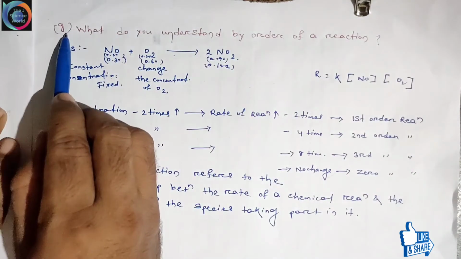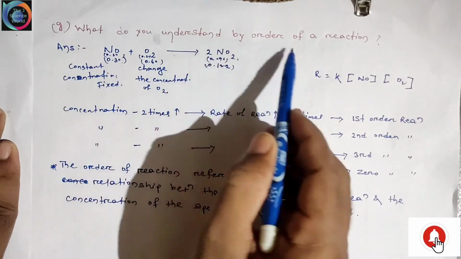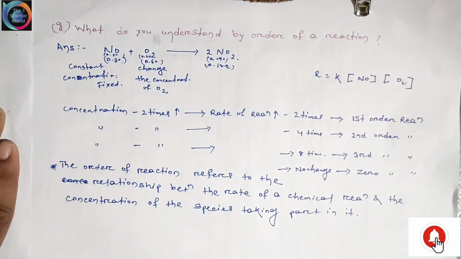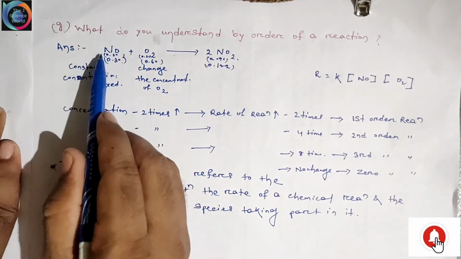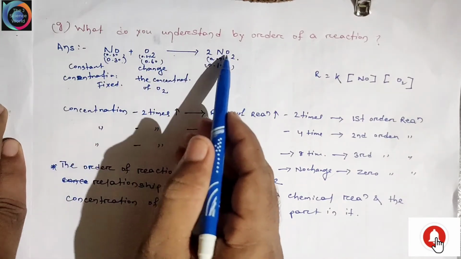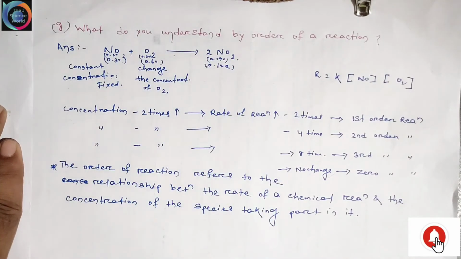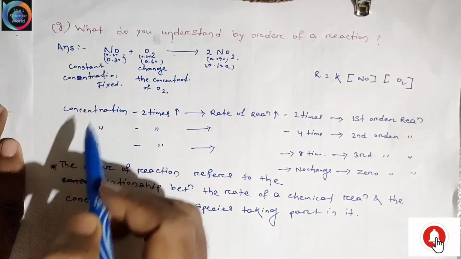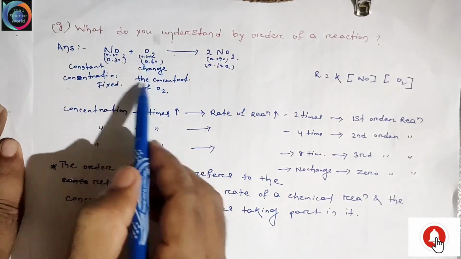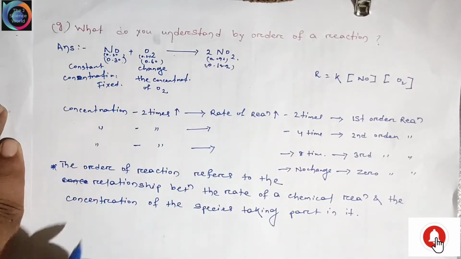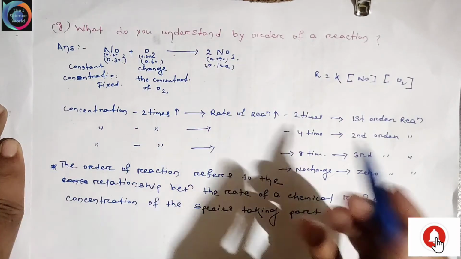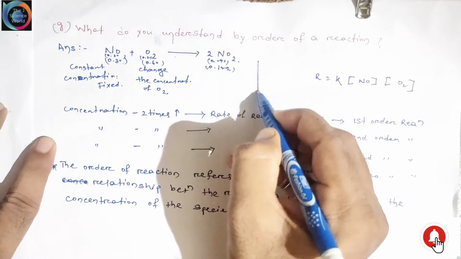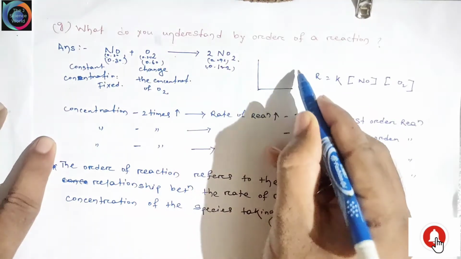Friends, this is question number G: what do you understand by order of a reaction? We simply take the reaction NO plus O2 giving 2NO2. We take some amount of NO and add some amount of O2 to form 2NO2. Let's see what happened.